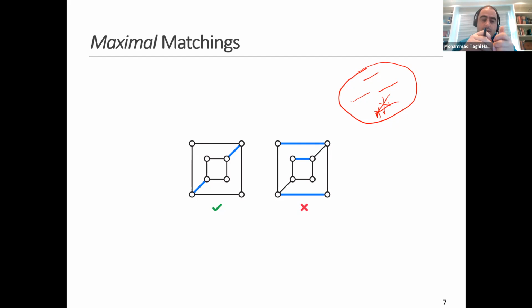Matching is an interesting problem that was studied by Jack Edmonds around 1960. He gave the first polynomial time algorithm for matching. And still, after 60, 65 years, this algorithm is one of the most complicated algorithms that we have for a problem that can be solved in polynomial time.